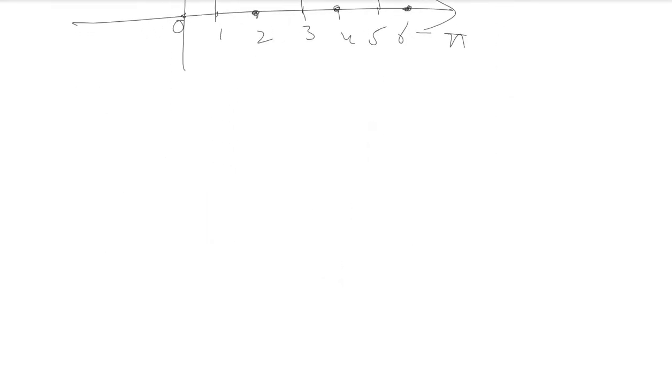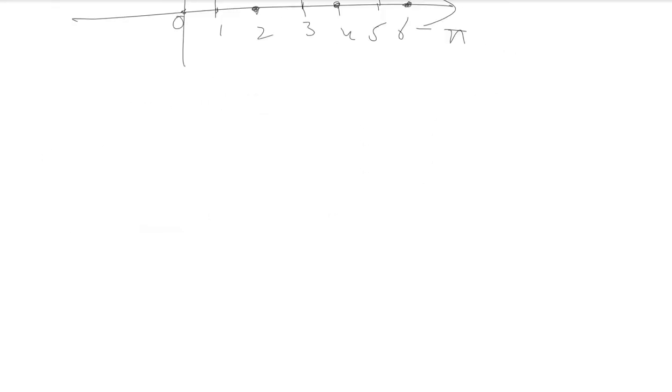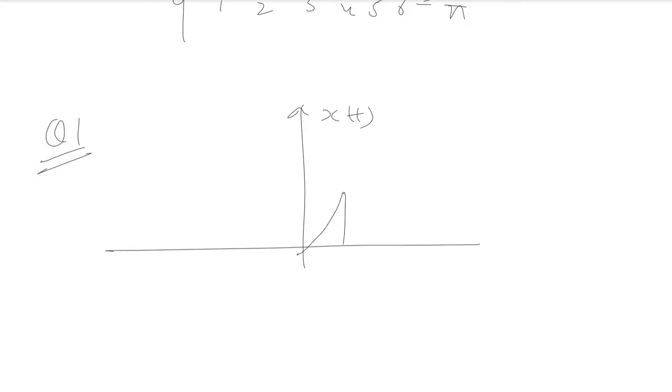Okay, next please make a note of some practice questions based on trigonometric Fourier series. The first question is, we are given a signal x of t, which is something like this. This amplitude is 1.